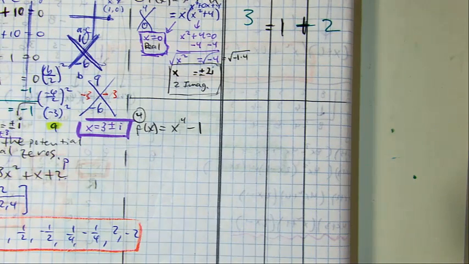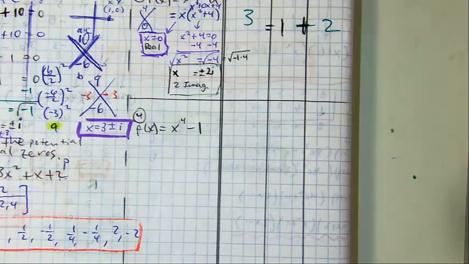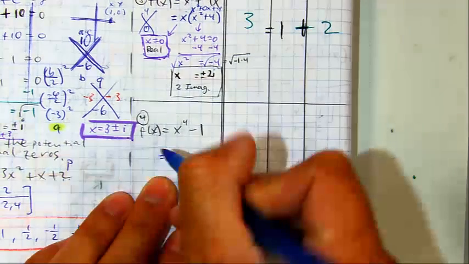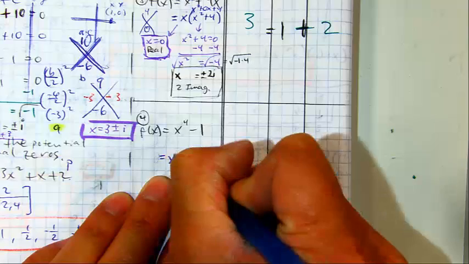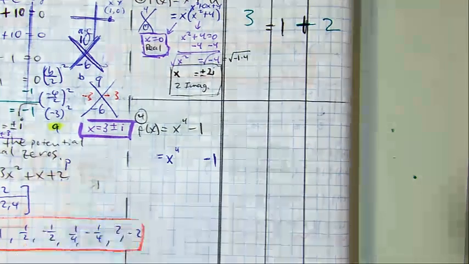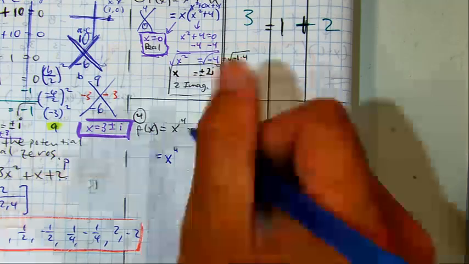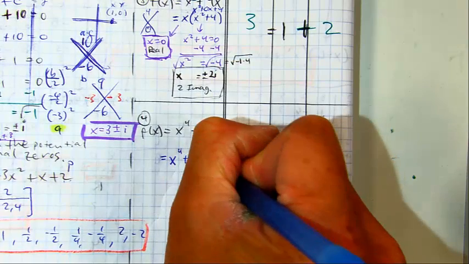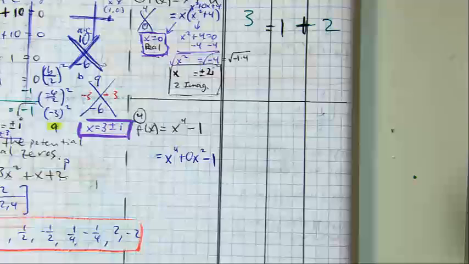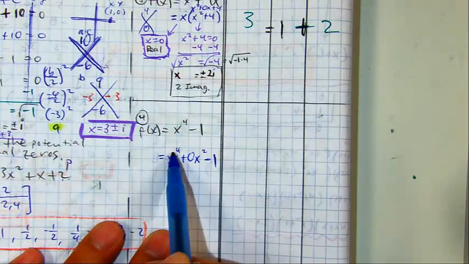We are finding a 0, but I'm kind of implying there's a 0 somewhere over here, where x cubed would be, and x squared, and x. I only need one of those. Do you know which one? x squared. Why do you only want just x squared? It's half of 4.